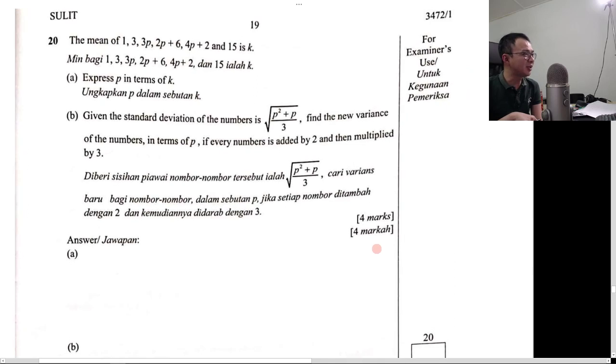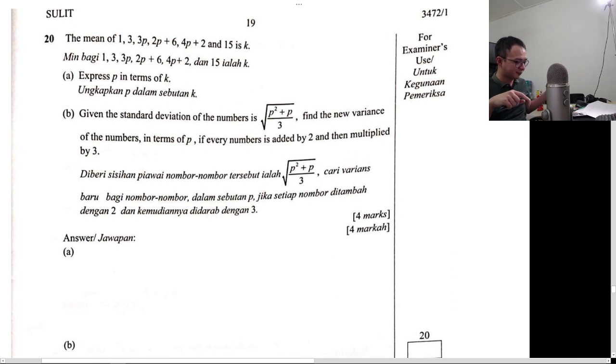Alright, question 20 will be statistics. Okay, you have a mean here, and how many numbers do we have? We have 1, 2, 3, 4, 5, 6. We have 6 numbers, so n will be 6.